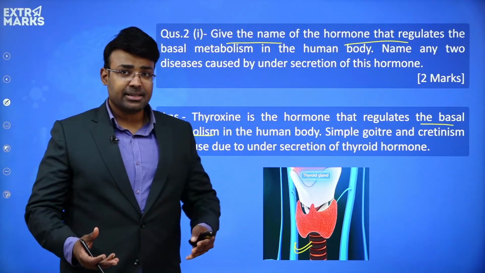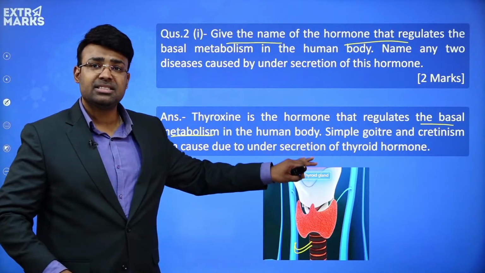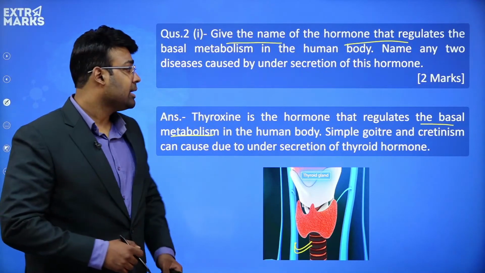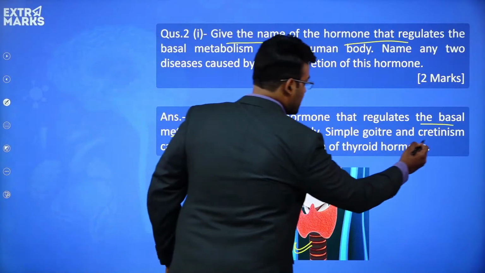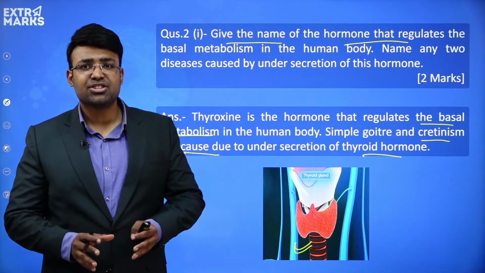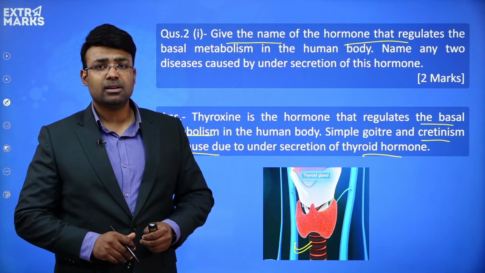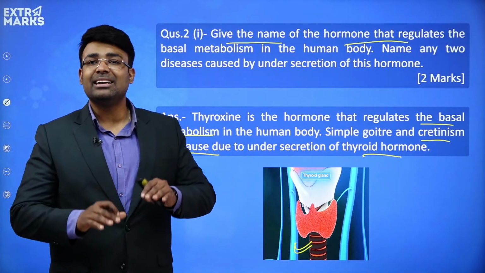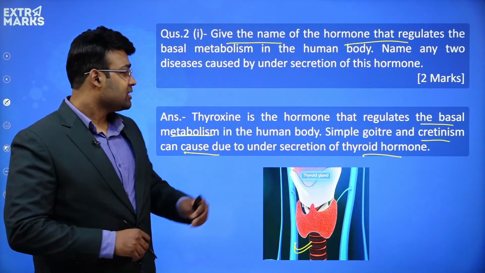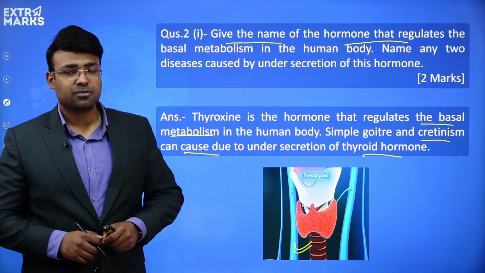And simple goiter can occur due to less secretion or hypersecretion of the thyroid hormone. Cretinism can also occur in the body, and whenever it happens, the calcium level in the body can become imbalanced and the bones can become brittle because of it. So yes, simple goiter and cretinism can occur due to the under secretion of thyroid hormone.